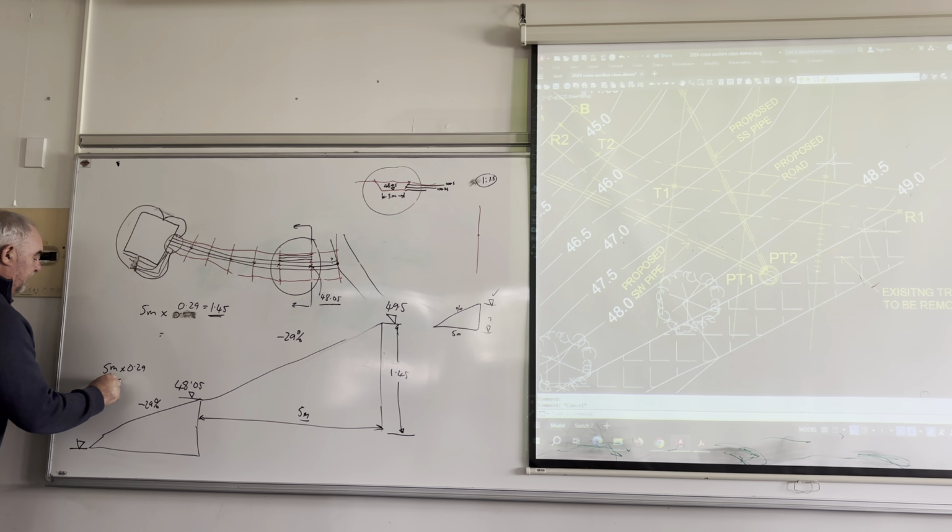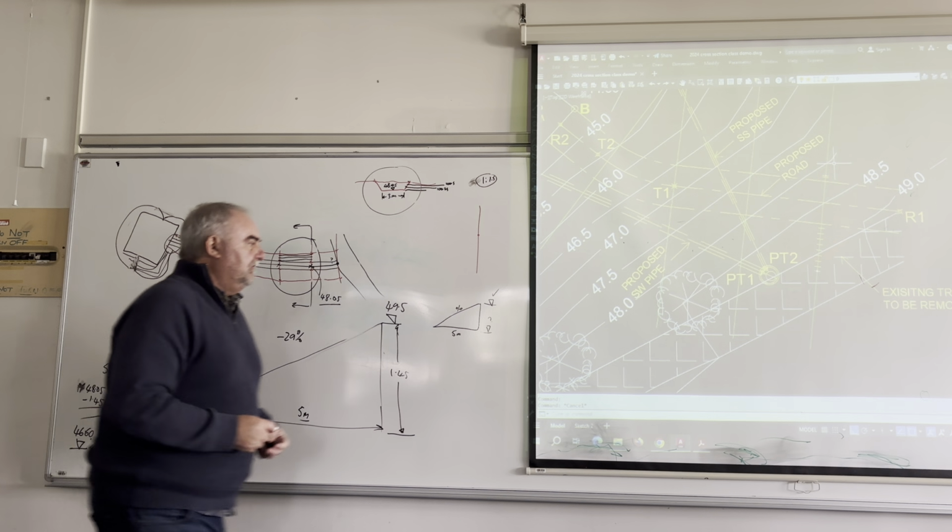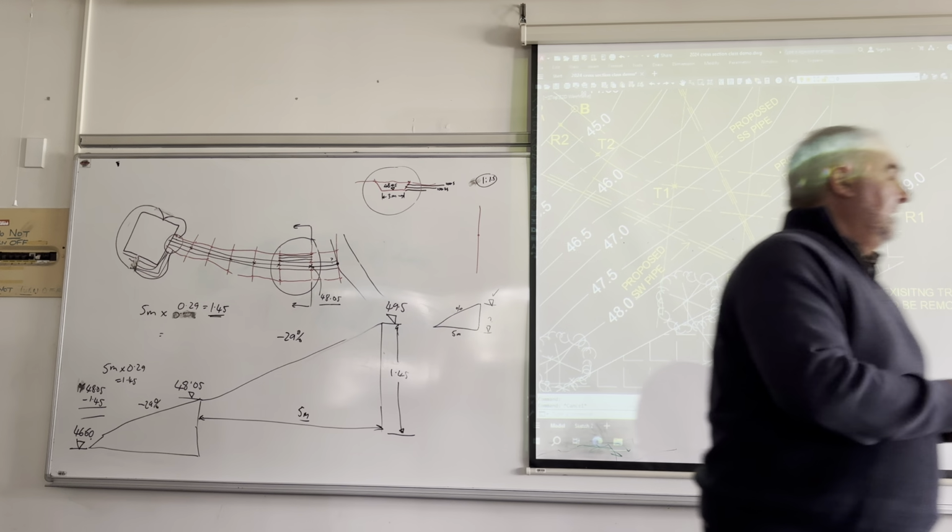Now we already know that equals 1.45, so we have to go 48.05 minus 1.45, and we get a new level down here of 46.6. Okay, so 46.6 it is. Remember that.